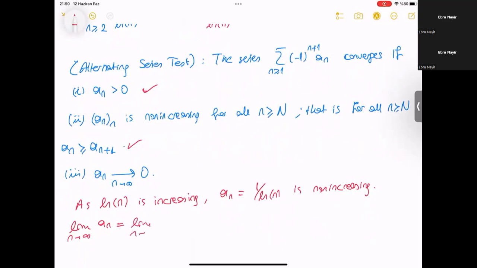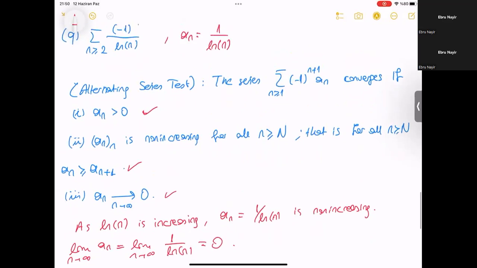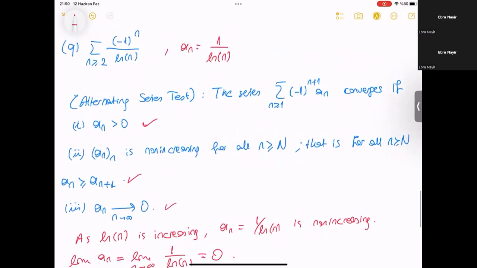We have the limit of 1 over ln of n. Ln of n approaches infinity when n approaches infinity, so we have 1 over infinity, which is equal to 0. So this is also checked. Hence, by the alternating series test, the given series is convergent.